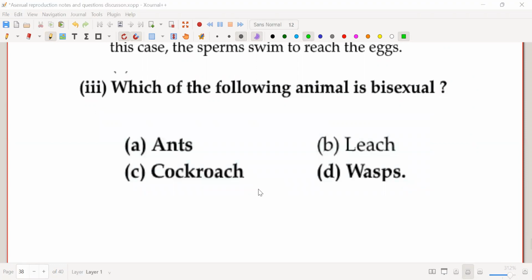Which one is bisexual? Actually, leech is bisexual. All right, all these are unisexual. They have separate male and female.